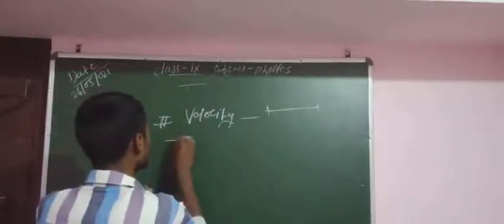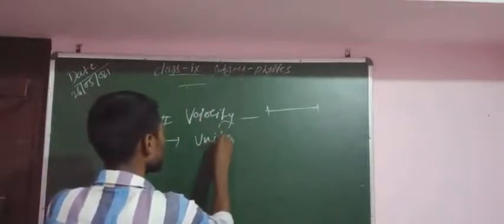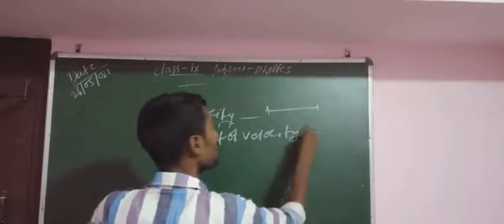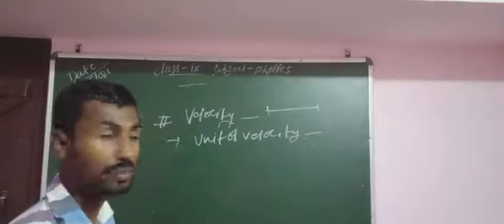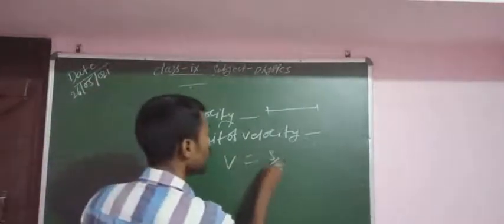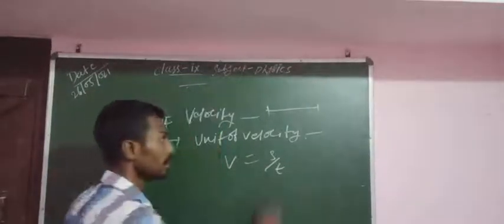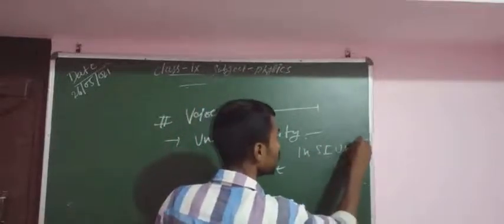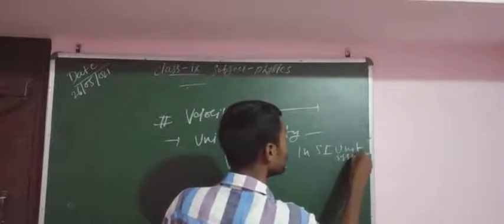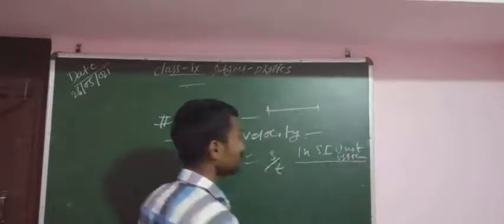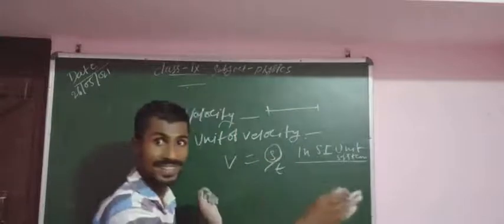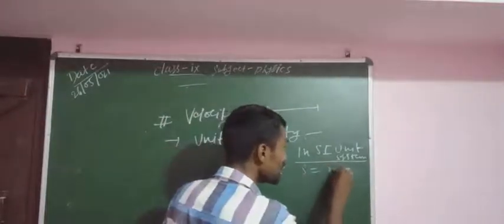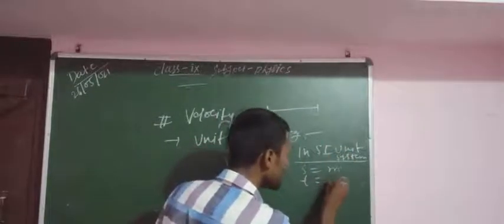Unit of velocity. So v will be equal to s by t. In the SI unit system, s, the displacement as a distance, is measured in meter and t is measured in second.